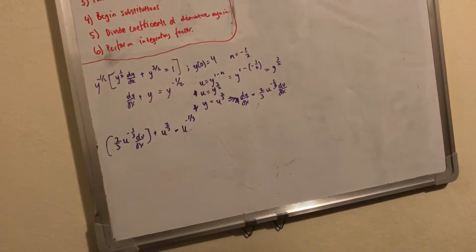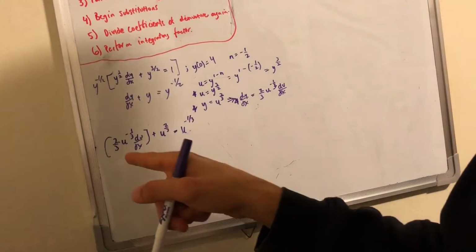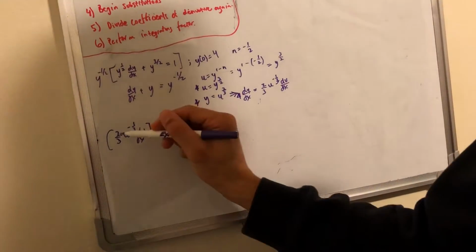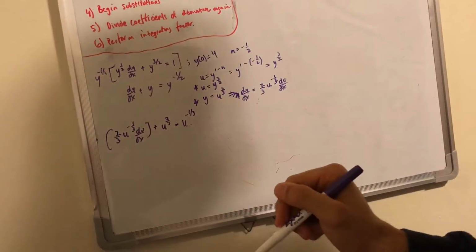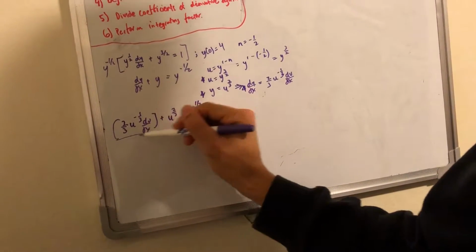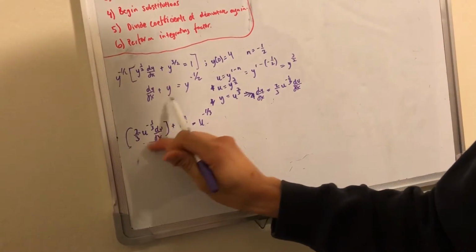Now, similar to the first step again, we're going to get rid of this 2/3 u to the negative 1/3 coefficient on this du/dx. We're going to divide that out. Actually, we can go ahead and multiply it again.